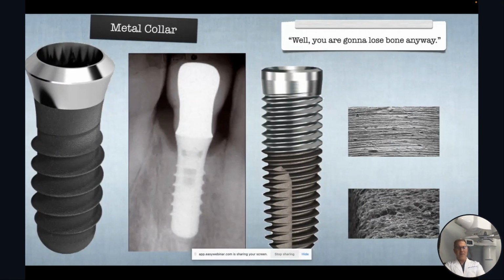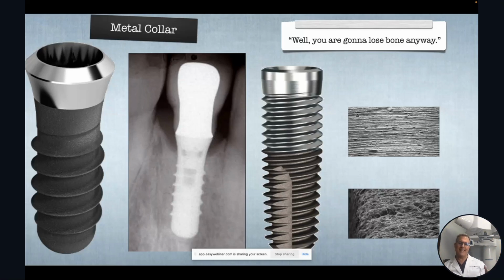So interesting enough, there was a push. I don't know if it's still going on, but maybe about 3-4 years ago from a couple of different implant manufacturers that said, okay, here's the deal. We give up. We're going to have bone loss. It's going to be down to like the first or second thread, and we're just throwing in the towel.